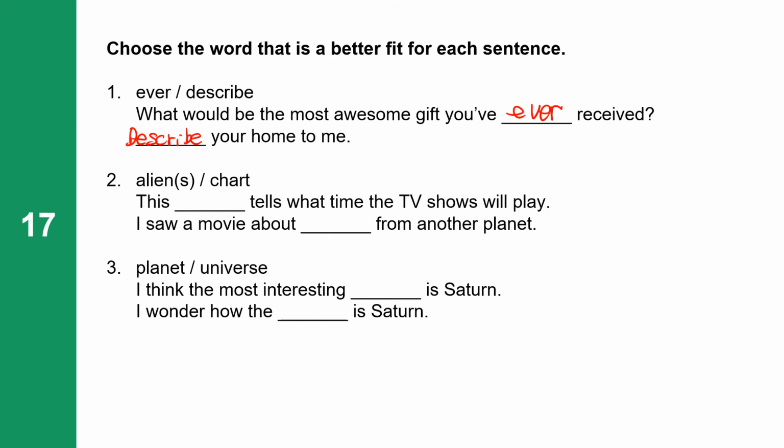Number 2, alien, aliens, or chart. This blank tells what time the TV shows will play, and it's going to be chart. I saw a movie about blank from another planet. It's going to be alien. Number 3, planet or universe.